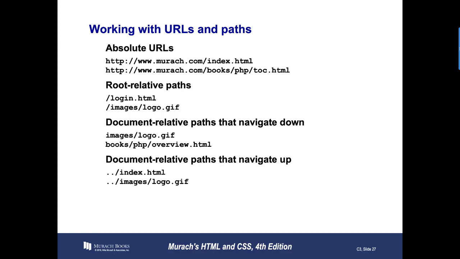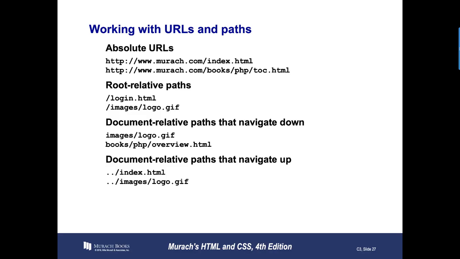The other thing you're going to need to know is how to reference images and other assets from within a web page. And there is a document in Canvas and associated website that I provided that will help you understand all this stuff you're seeing here. Absolute URLs. Those are URLs that include the protocol, HTTP, the domain, and the particular web page or file.